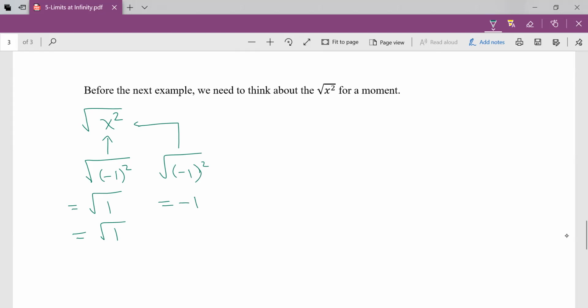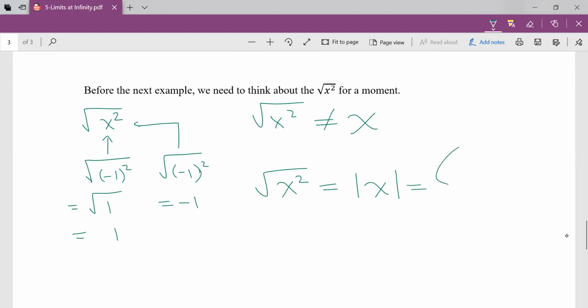So what the heck is going on here? I get two different answers. I get 1 and -1. So the square root of x squared is not x. The square root of x squared is actually the absolute value of x.